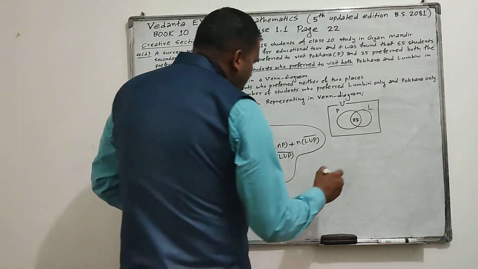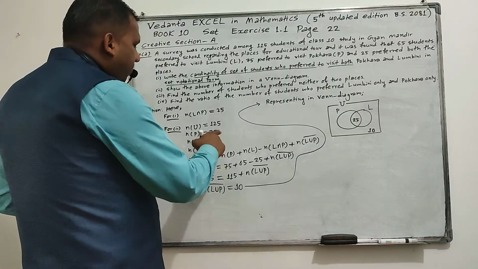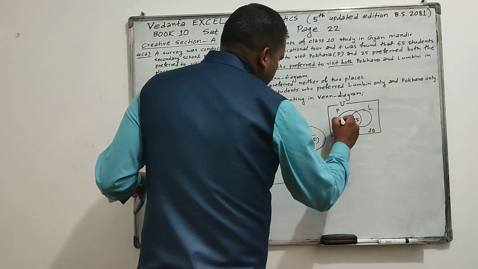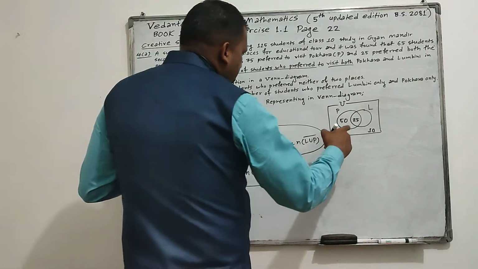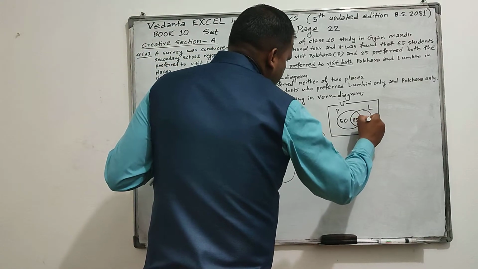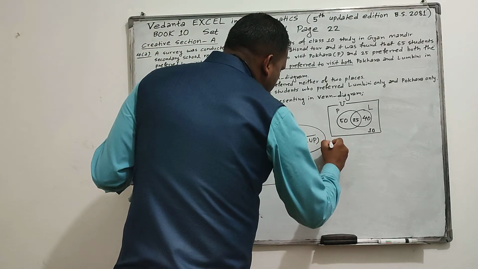Complement is 10. And for P, 75 minus 25, that is 50. Only Lumbini, 65 minus 25, that is 40. This is the required Venn diagram.